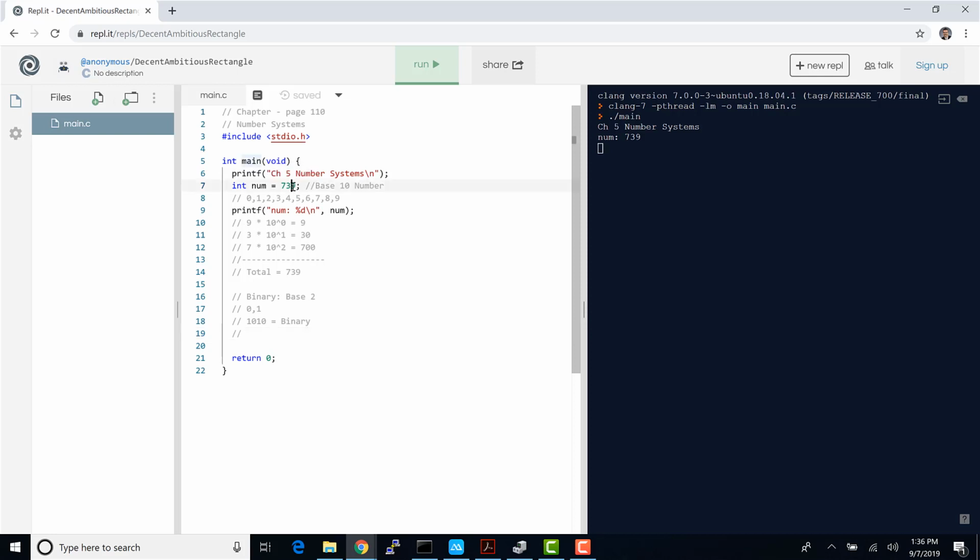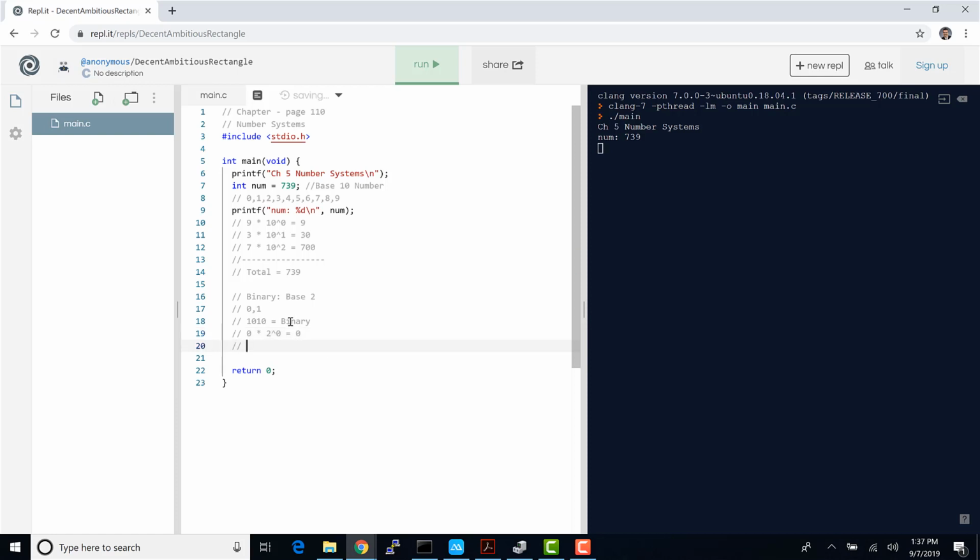We basically start with the least significant digit, which is a 0. So instead of saying 10 to the 0, we would say 2 to the 0, which would be 1, but of course 0 times 1 would be 0.